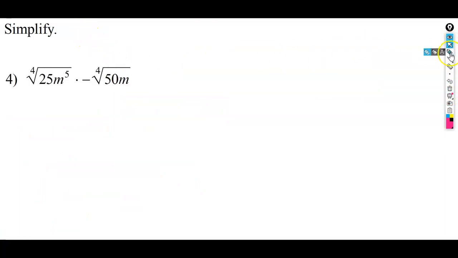Here's another one. So you're noticing here that we have 4th roots. So let's go ahead and take a look at this. Now in this case, they're all inside numbers. There's no numbers outside of the radical. So we have 25m. Now if you break that apart, you end up with 5 times 5 for the 25.